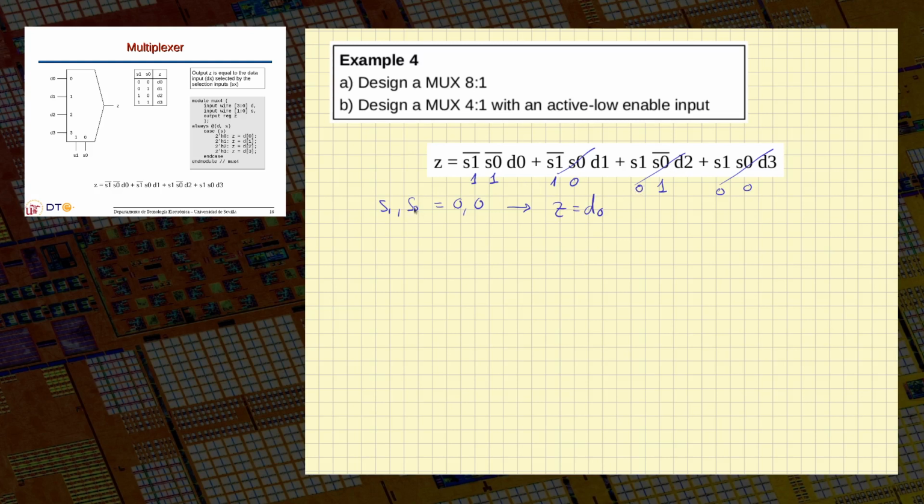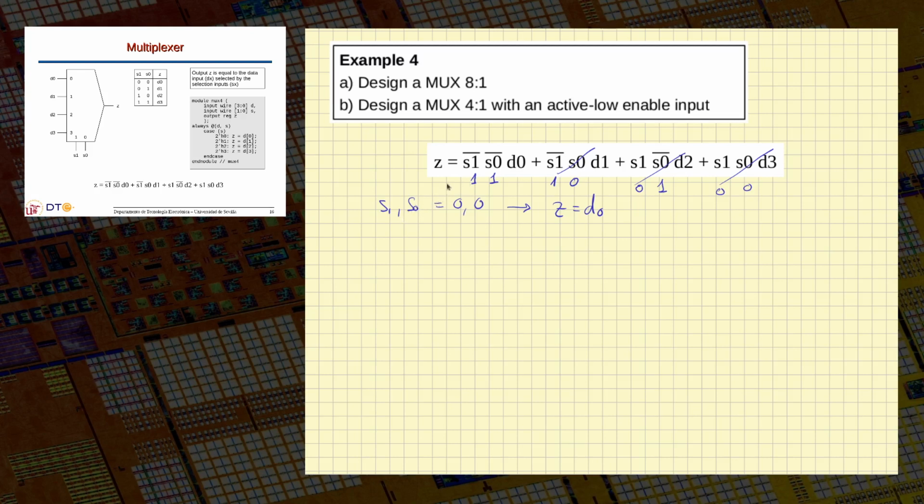So for each combination of S1 and S0, only one term in the multiplexer expression activates. And that term makes the output equal to the remaining literal in the term, which is the corresponding input. Actually, each term has one of the possible combinations of the selection inputs.